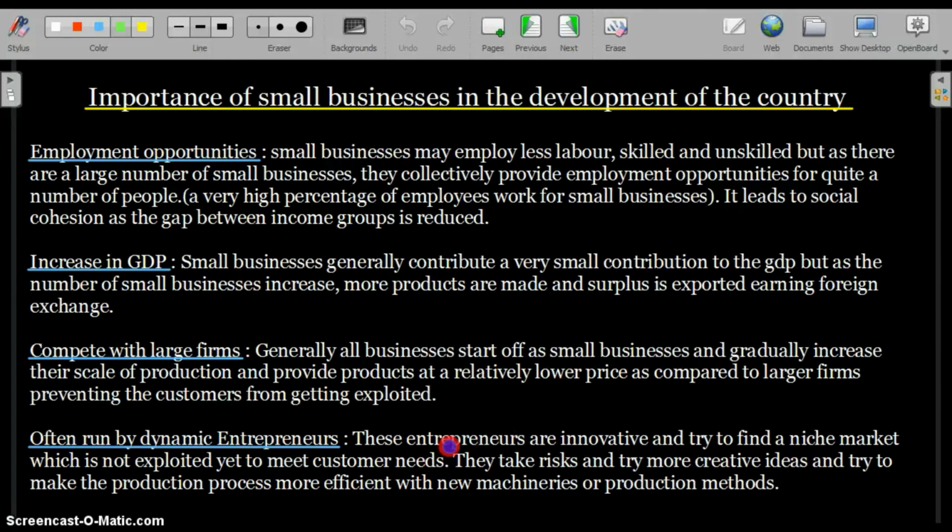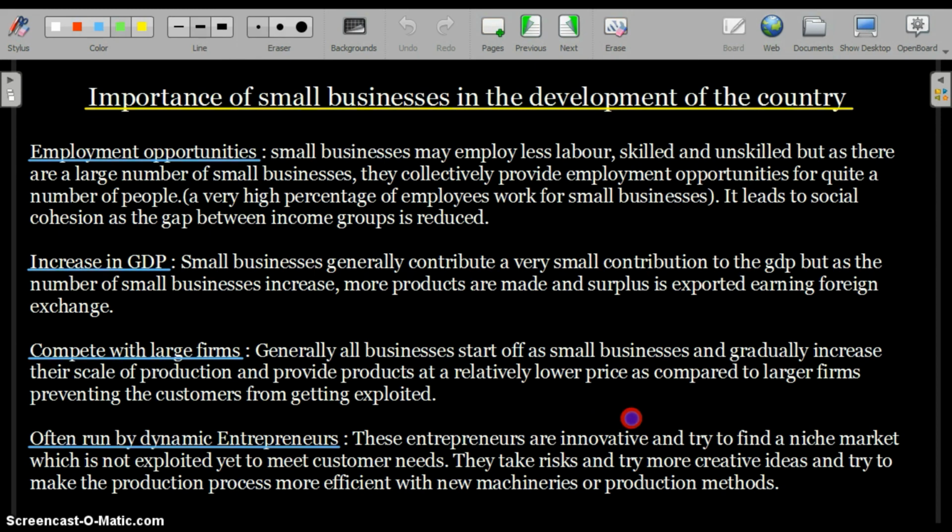Now, the big point is that they are often run by dynamic entrepreneurs. This is important to the development of the country because these entrepreneurs are innovative. They try to find a niche market which is not exploited yet to meet customer demands. They think of innovative ways of production, like new technologies, and they take risks and try more creative ideas to make the production process more efficient with new machineries or production methods.